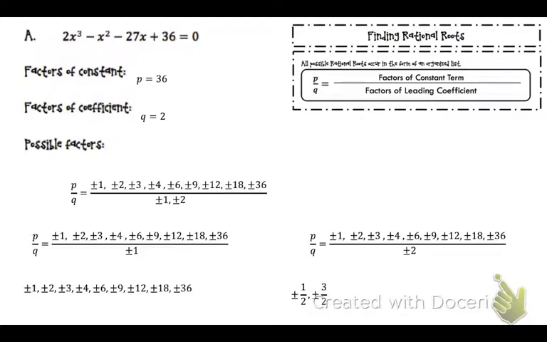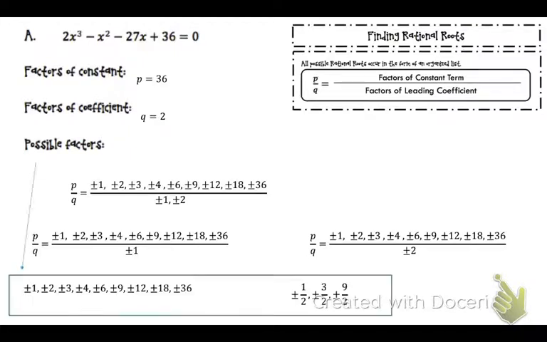We have it. 6 divided by 2 is 3. We have it. 9 divided by 2 is 3.5. We don't have that, so I'm going to leave it as 9/2. 12 divided by 2 is 6. We have it. 18 divided by 2 is 9. We have it. 36 divided by 2 is 18. We have it. So these are all of our possible factors.